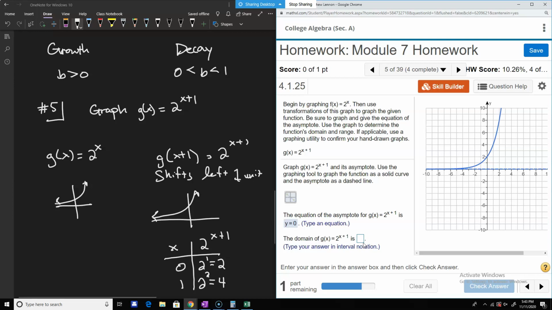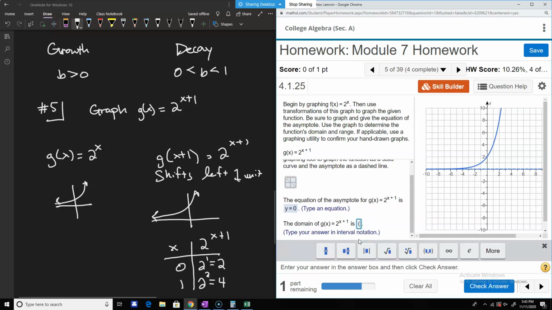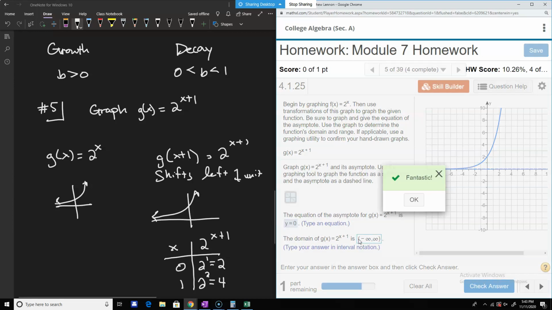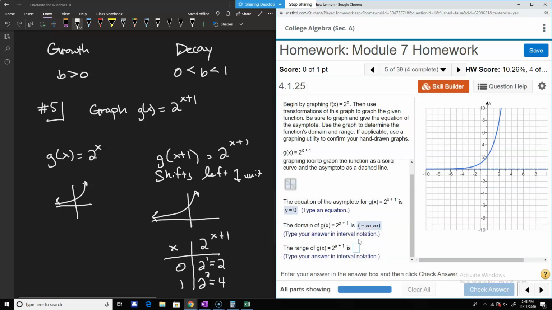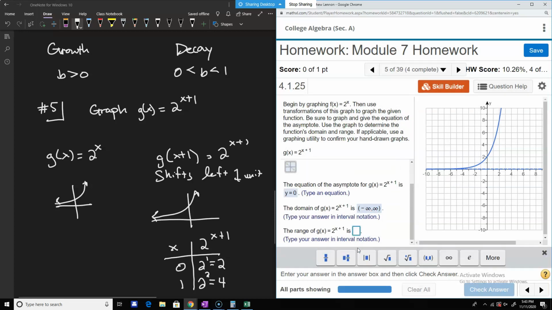So that is negative infinity to infinity. And the range of our function gets close to 0 but never quite gets there, and it goes up forever and ever. So thinking from bottom to top on the graph of the solid line, it's going from 0 to infinity.